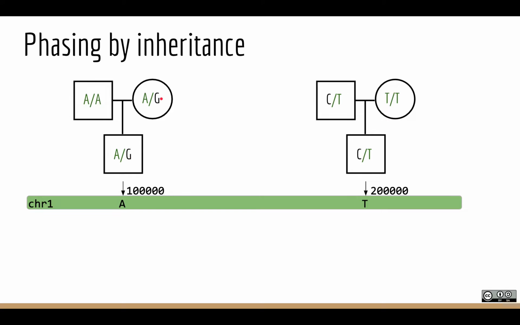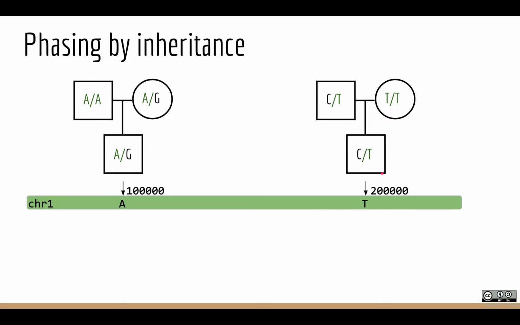So therefore, the A had to come from dad, right? So if we were to imagine the VCF entry for kid at this site, we would be able to phase the A allele to dad and G to mom. So the genotype should reflect it, with a pipe symbol, and the ordering would reflect those two alleles that we can attribute to either the sperm or the egg.